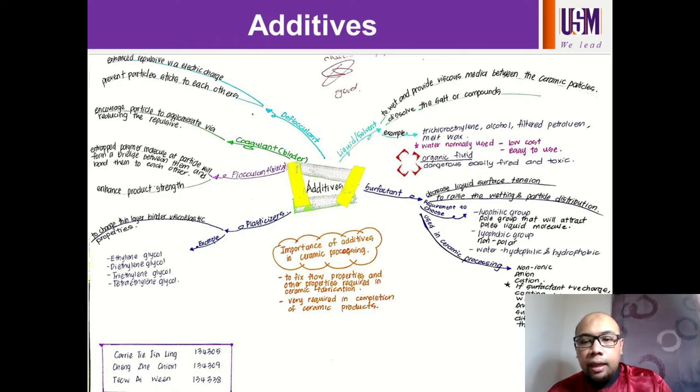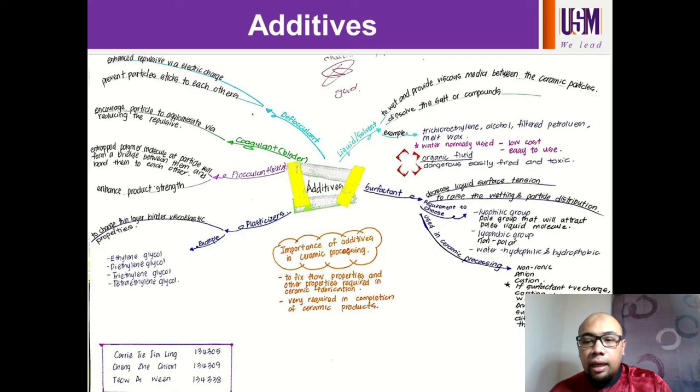Additive can work as a deflocculant, as I mentioned earlier. Additive also can work as a coagulant or binder during the milling process, and additive has also been used as a flocculant or thickening agent. It is also used as a plasticizer, giving plasticity to the ceramic lump of slurries.